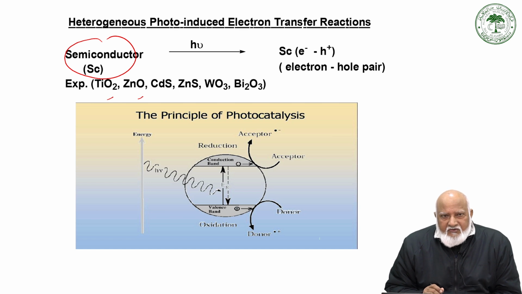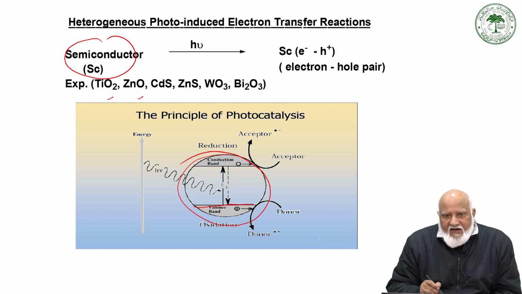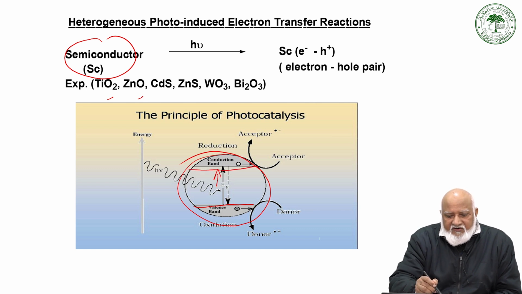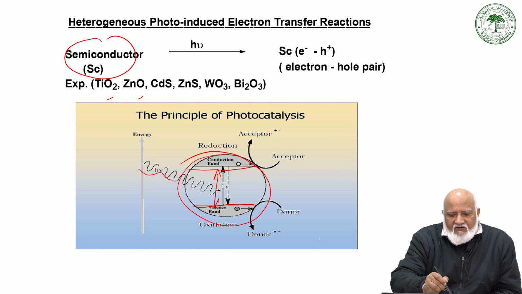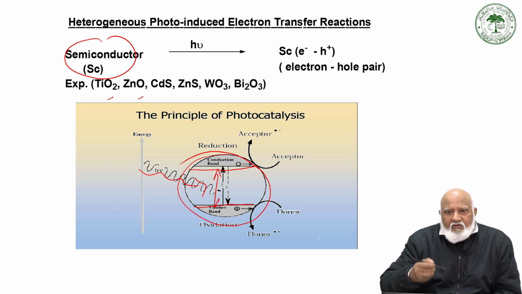The most characteristic feature of this semiconductor material is at the surface of the semiconductor, which is characterized by a filled valence band and a vacant conduction band. There is a band gap energy, and when we shine light of energy equal to or greater than the band gap, there is an electronic excitation from the filled valence band to the conduction band, and we generate an electron-hole pair.